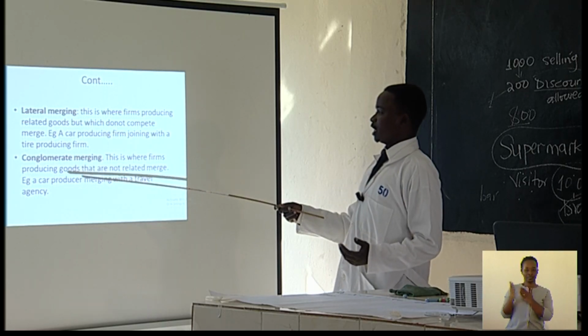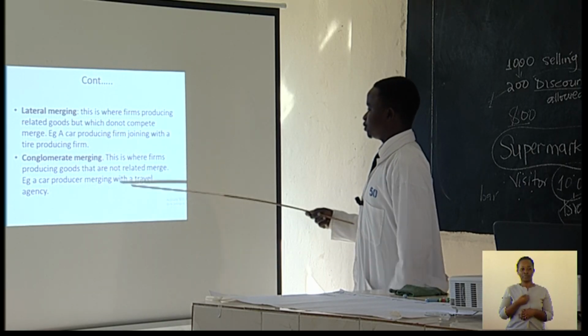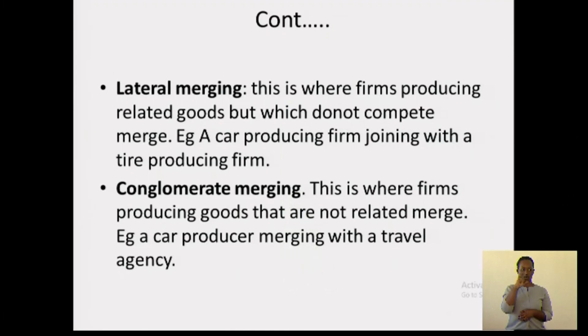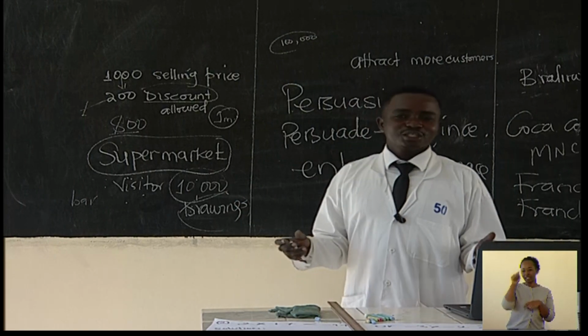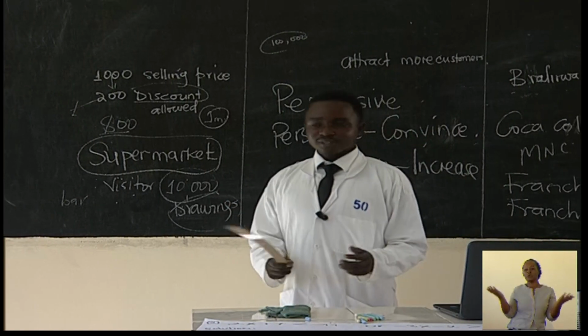Then we have conglomerate merging. This is where farms producing goods that are not related merge. Here, goods don't compete. They are not related. You can ask yourself, why should such farms merge if goods are not related? Would they benefit?